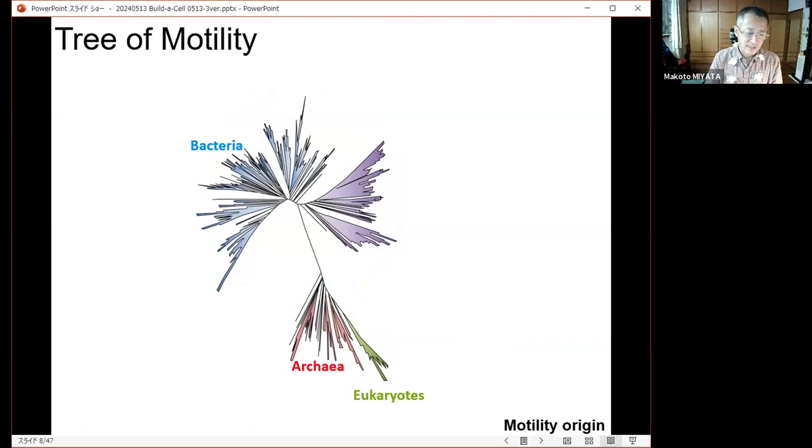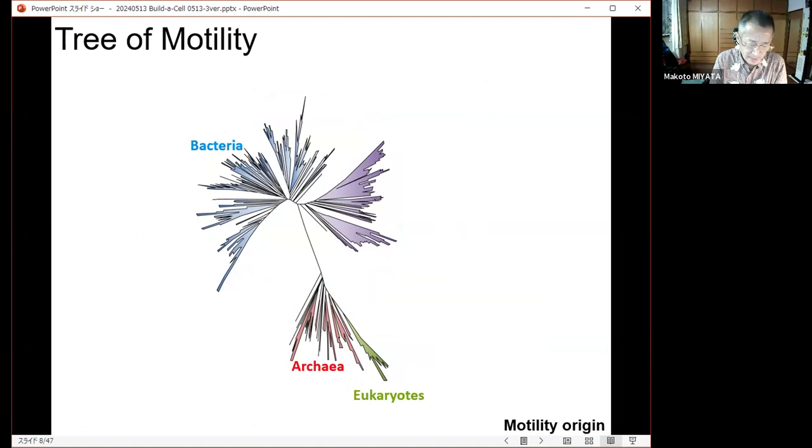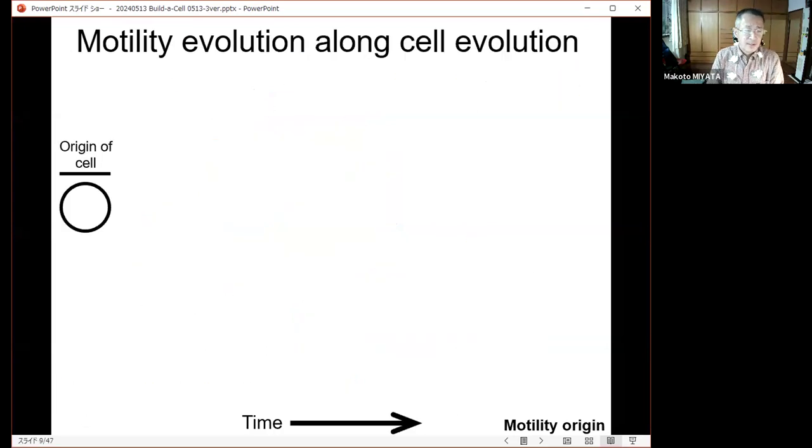We concluded that all of the motility systems published so far can be classified into 18 types. We don't know if 18 is a large number or not. Anyway, this is the motility evolution along the cell evolution. This is our idea.